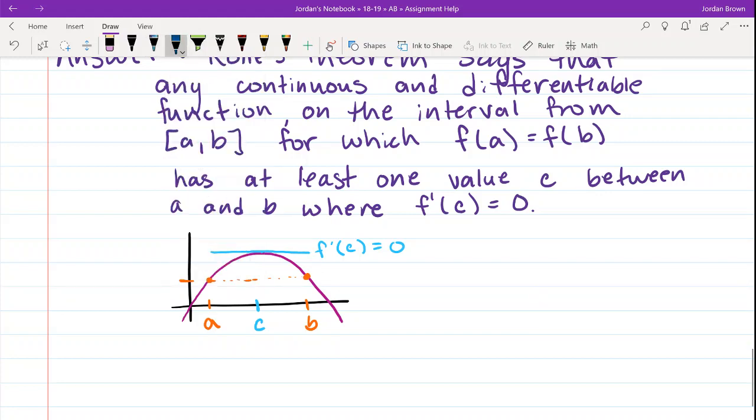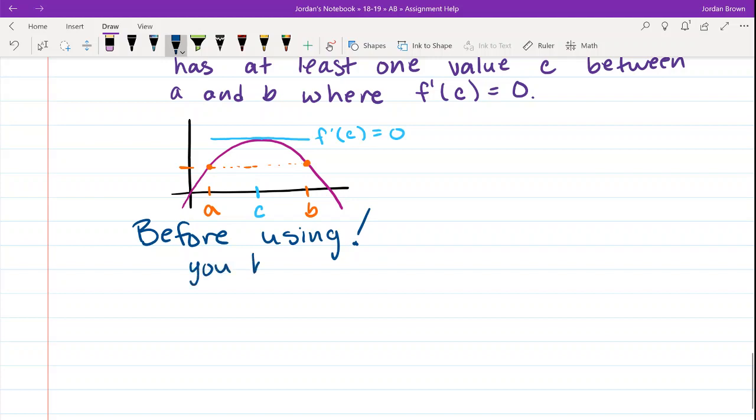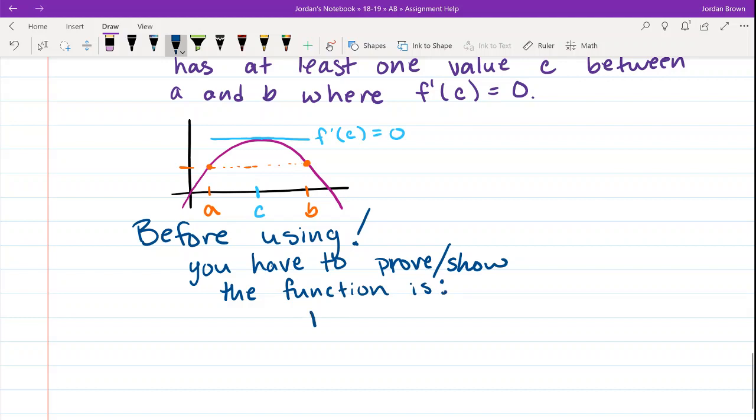Okay? Now, to use Rolle's theorem, you have to prove or show the function is, firstly, continuous. Secondly, differentiable.